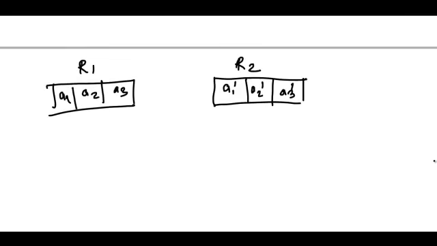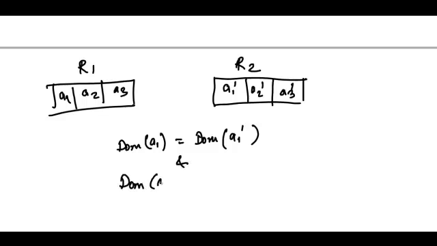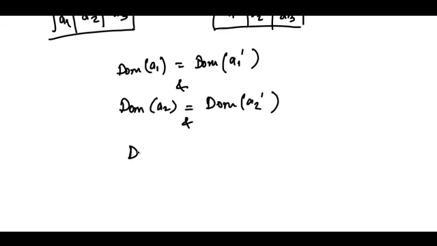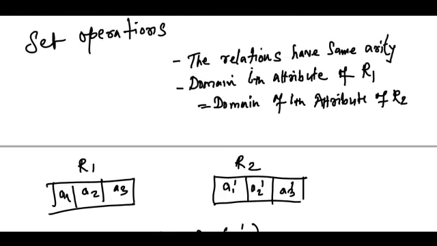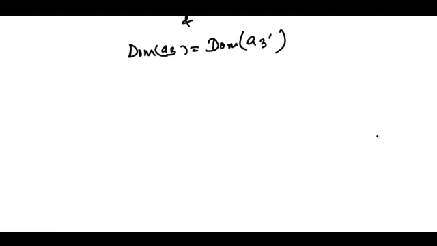So as per my second condition, domain of A1 is equal to domain of A1 dash, and domain of A2 is equal to domain of A2 dash, and the domain of A3 is equal to domain of A3 dash. So if these conditions are fulfilled, I can use my set operators on these two relations. So let's look at the set operators.